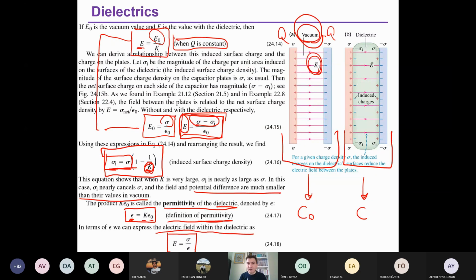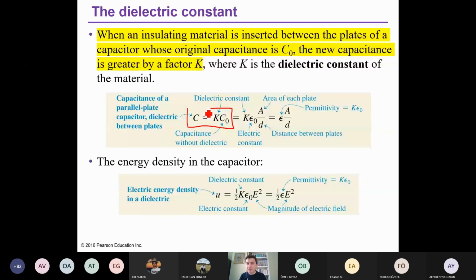This is the capacitance of a parallel plate capacitor after inserting dielectric material, C, and this is the dielectric constant of the dielectric material, and this is the capacitance of the capacitor without dielectric. We have this relation, and remember the capacitance from the last lecture. Capacitance is given by this relation, or Q over V, okay?